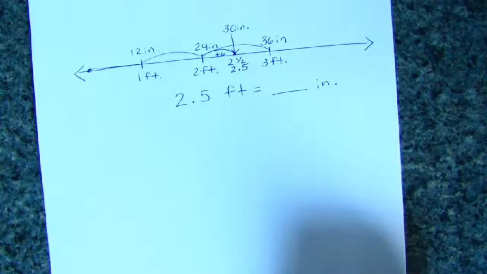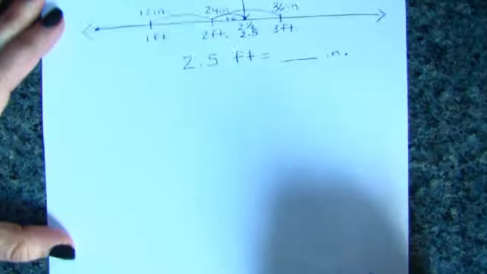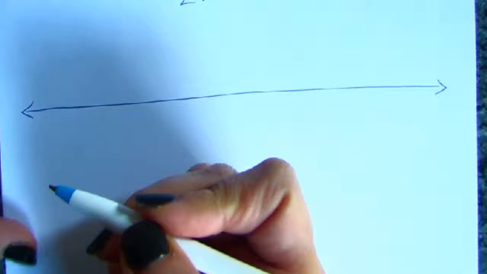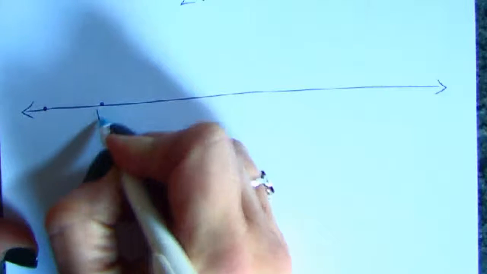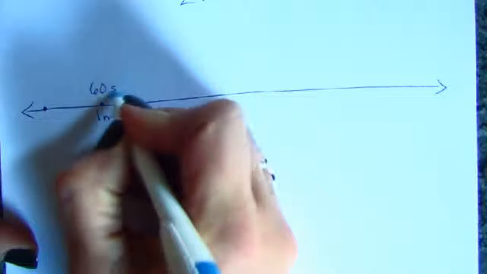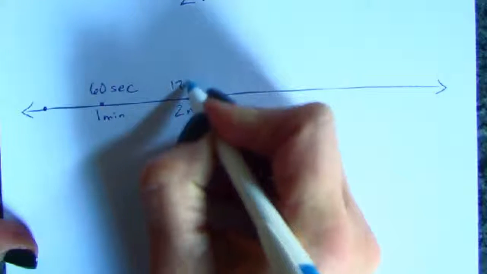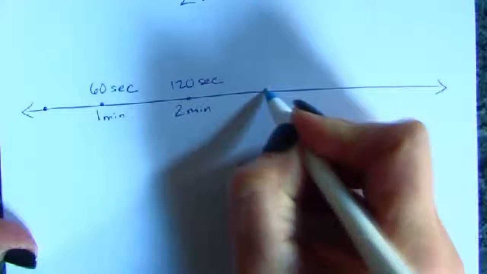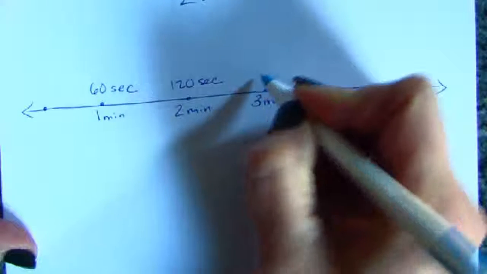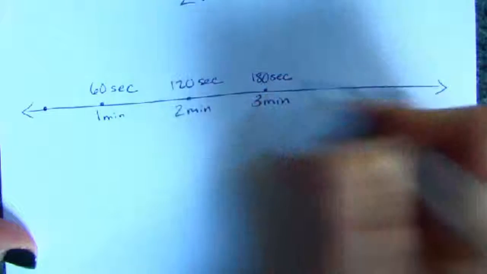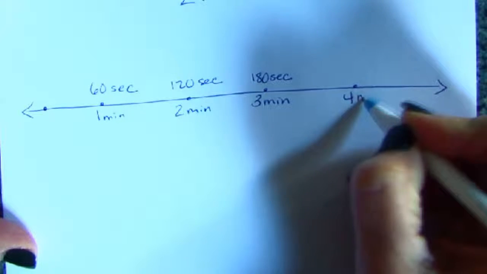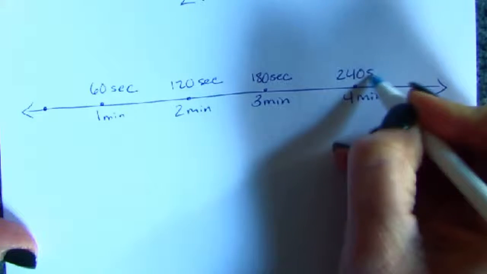I like to think what this would look like with the second example. The second example on the Common Assessment was converting seconds to minutes. So knowing the unit, that 1 minute equals 60 seconds, 2 minutes would equal 120 seconds, 3 minutes would equal 180 seconds, and 4 minutes would equal 240 seconds.